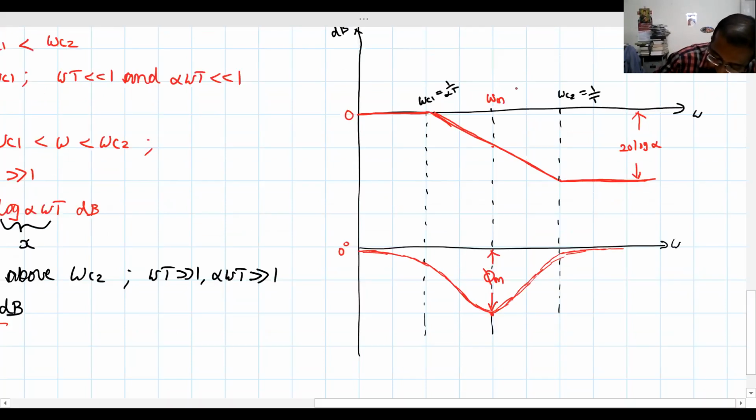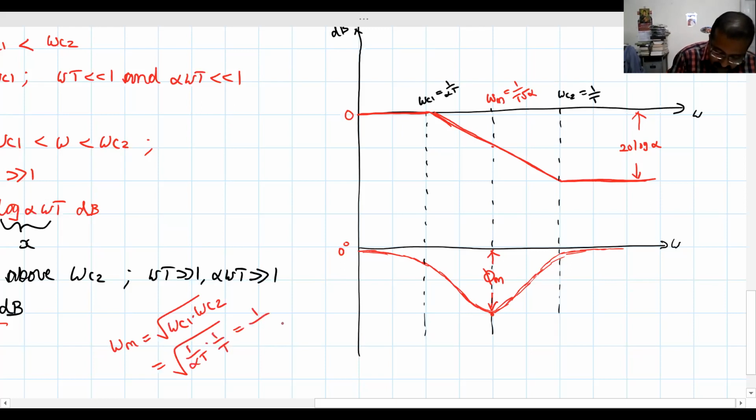That means omega m will be root of omega c1 into omega c2, that is root of 1 by alpha t into 1 by t, or 1 by t root alpha. You will see how we are arriving at this value. So your lag compensator will give a maximum negative angle at a particular frequency omega m.